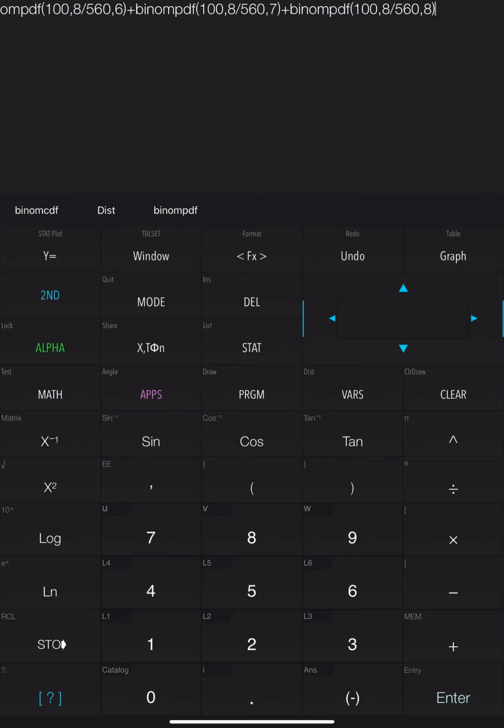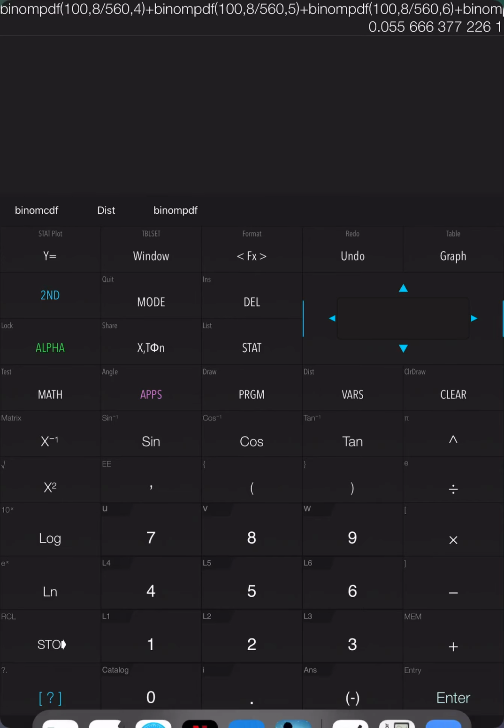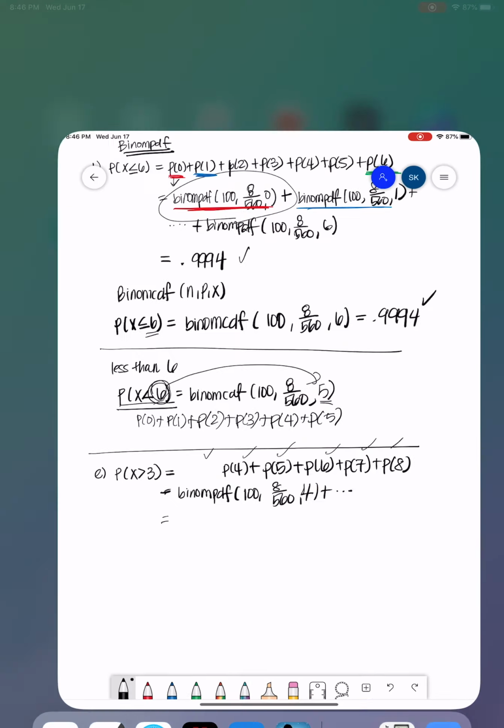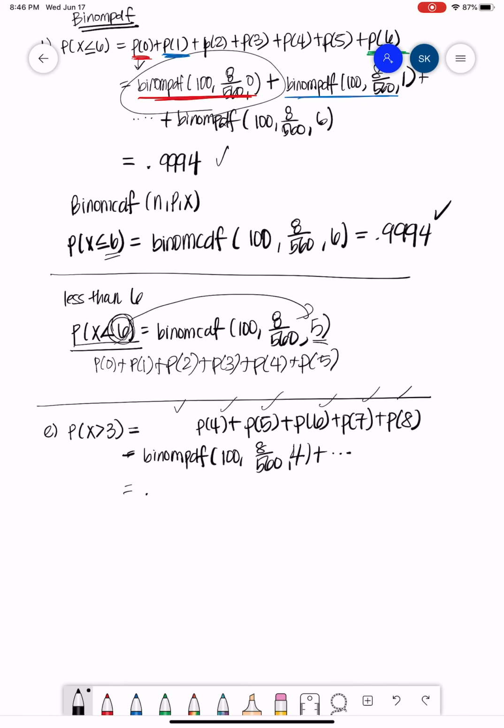Okay. 0.0557, rounding to the 4th decimal place.